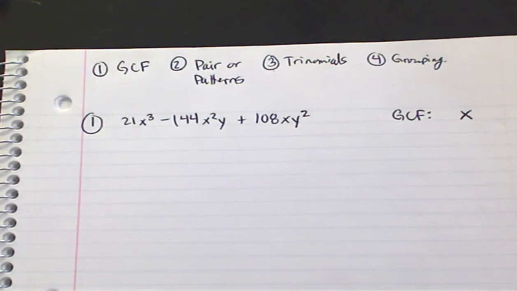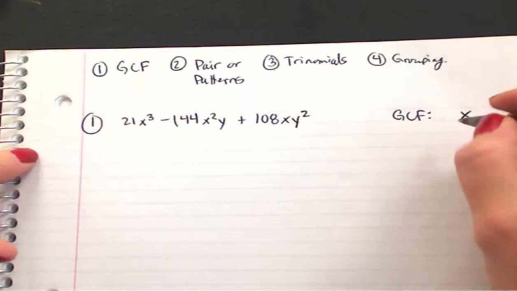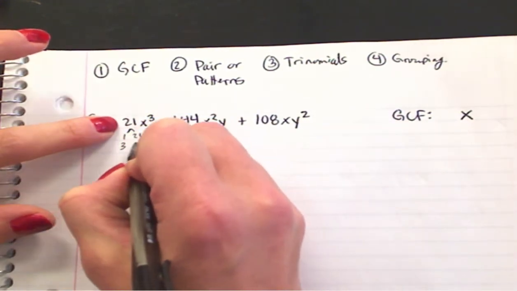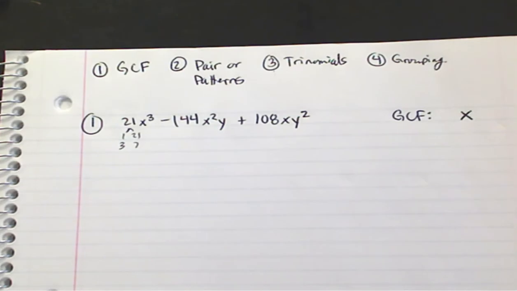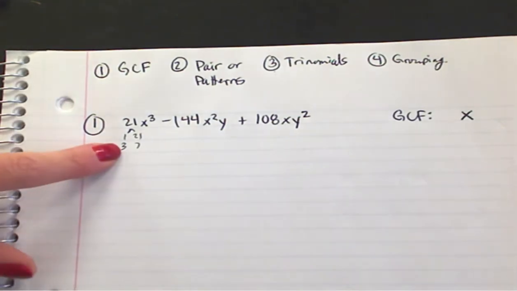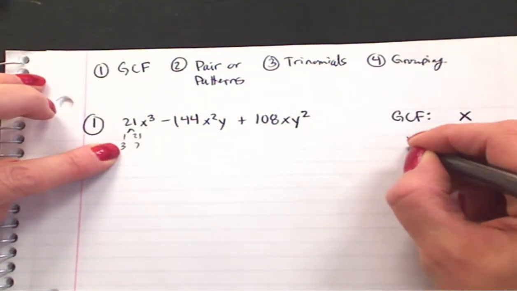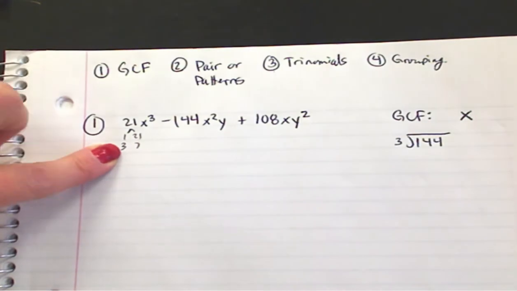I see x cubed, x squared, and x means x divides everything evenly. And so maybe, I'm looking at 1 and 21, one of those numbers might divide everything else. I'm going to try the 3 because that's the smallest of the choices. And 144, you can divide in your head, but I'm showing you what I'm doing.